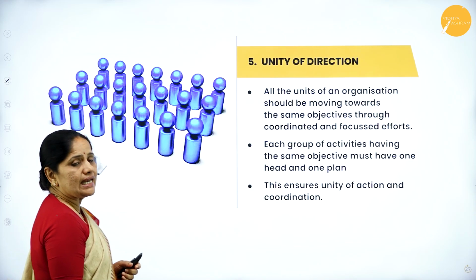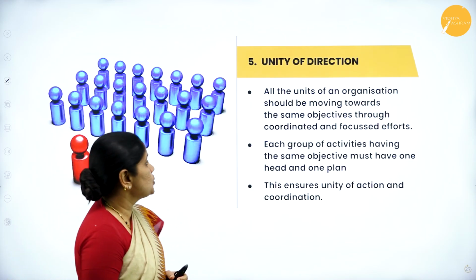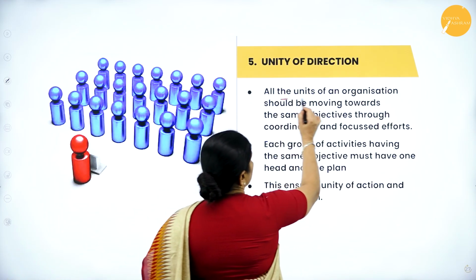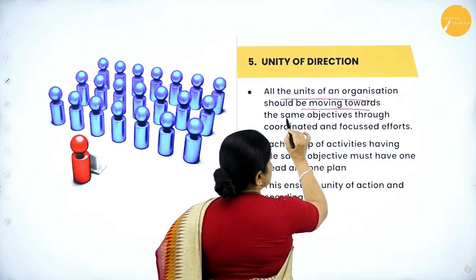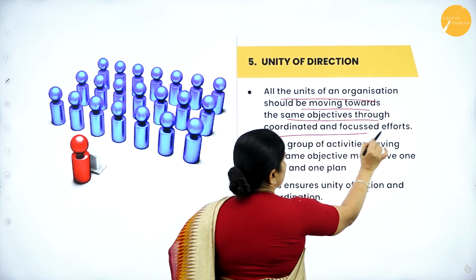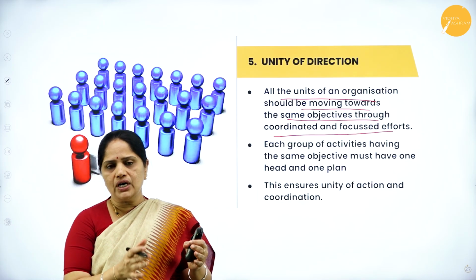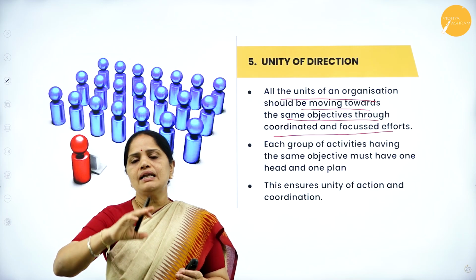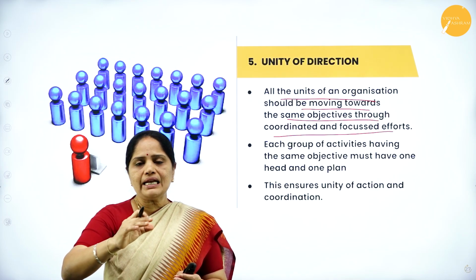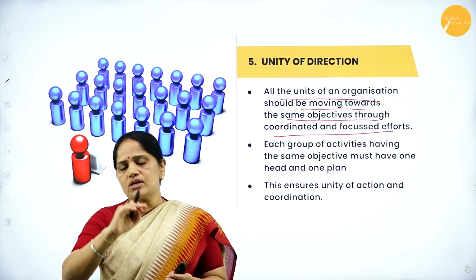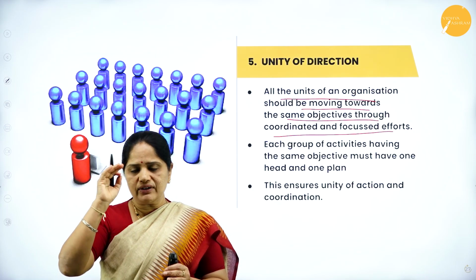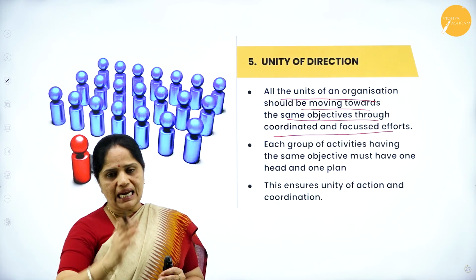Then, the next one is unity of direction. All the units of an organization should be moving towards the same objectives through coordinated and focused efforts. Each department of the organization should have one departmental head who will direct all the employees of that department towards the accomplishment of the goal for that department.